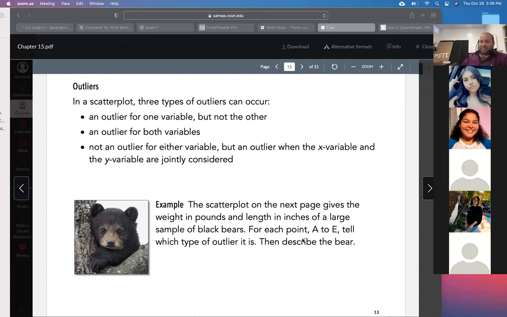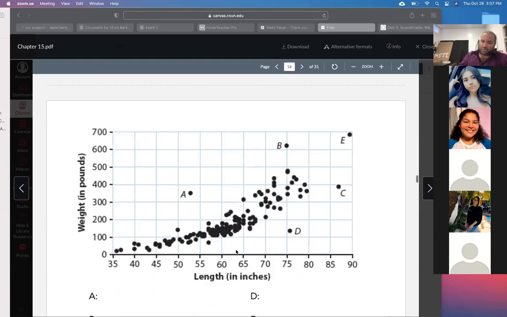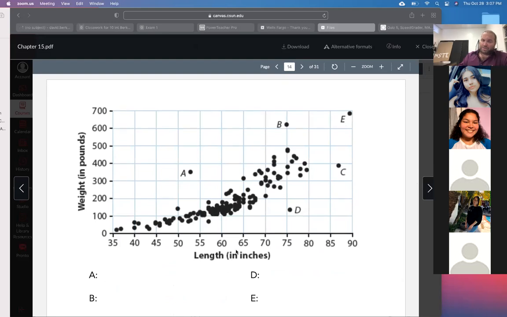So the scatter plot on the next page gives the weight in pounds and length in inches of a large sample of black bears. For each point, A to E, tell which type of outlier it is, and then describe the bear. Here we have a scatter plot of a large number of black bears, with length in inches on the horizontal axis and weight in pounds on the vertical axis.